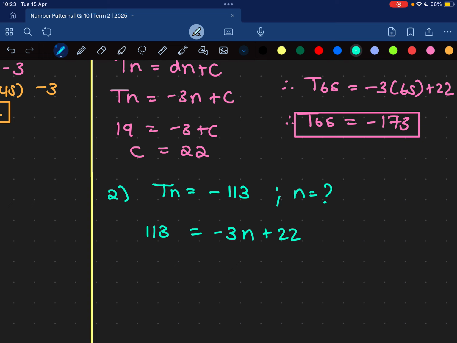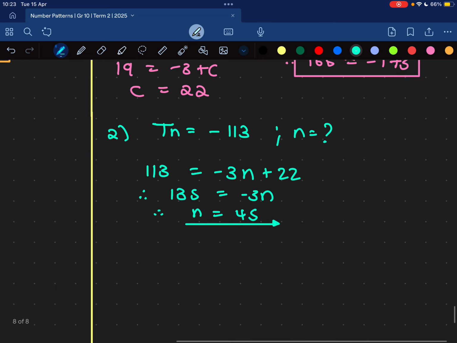So you'll start by adding 22 on both sides. So you'll get, therefore, 135 is equal to negative 3n. So therefore n is just going to be positive 45. Okay, you divide both sides by negative 3. So therefore T of 45 is equal to negative 113.